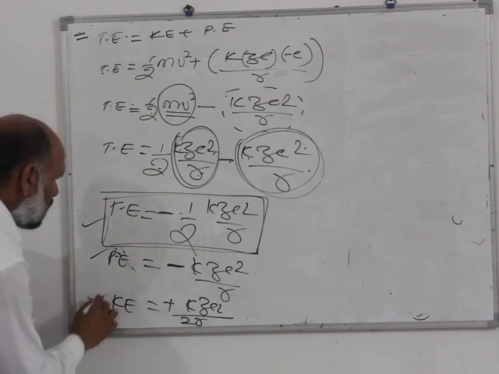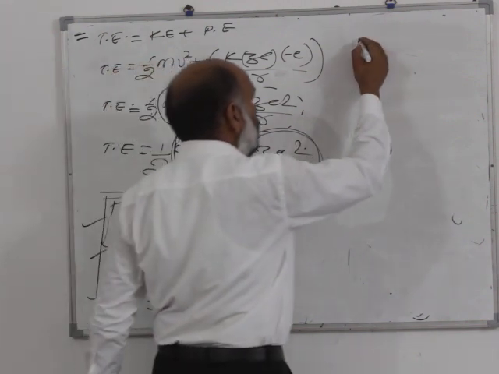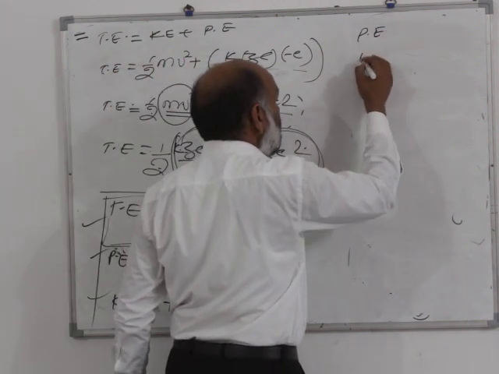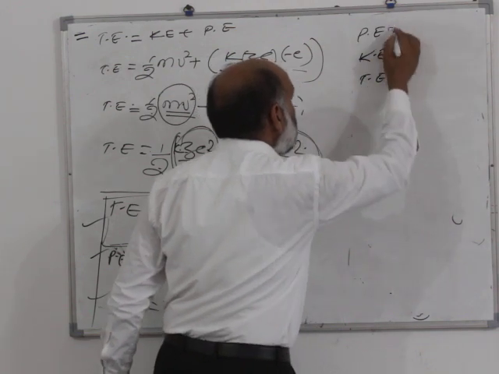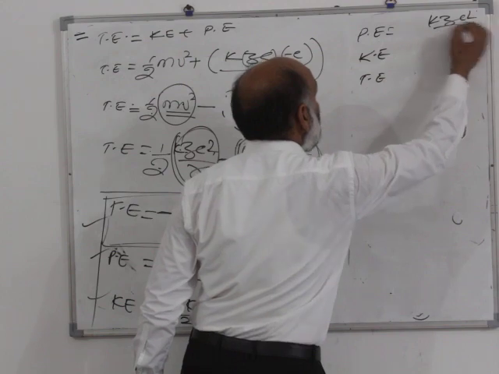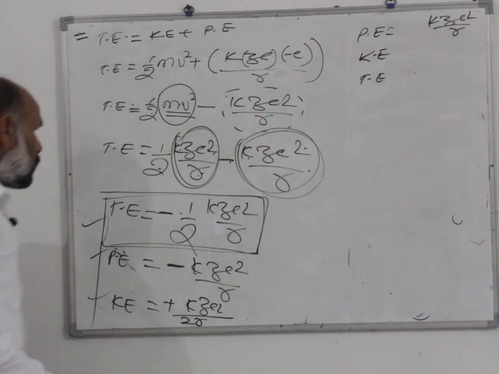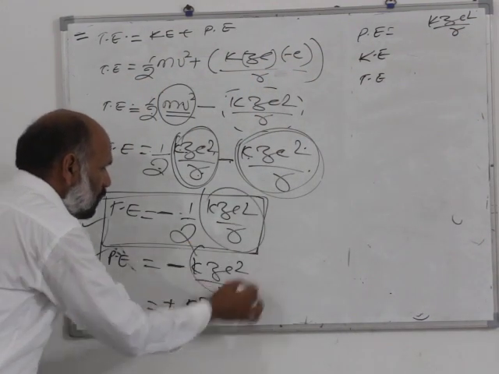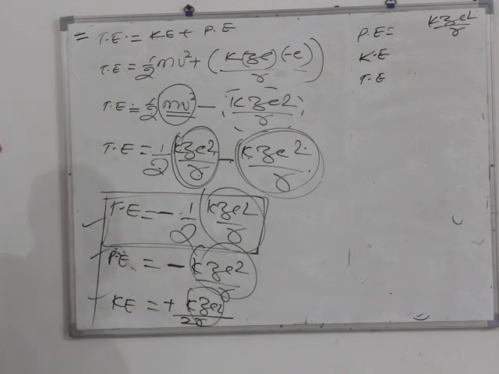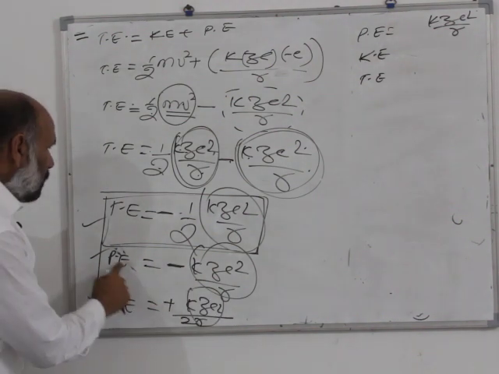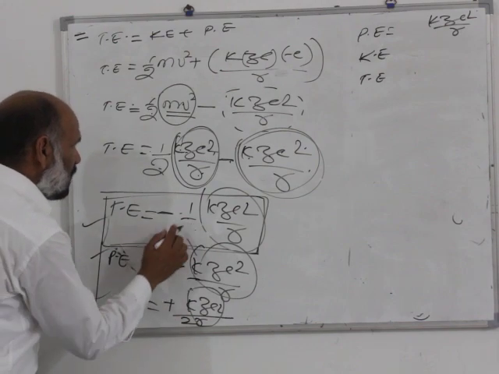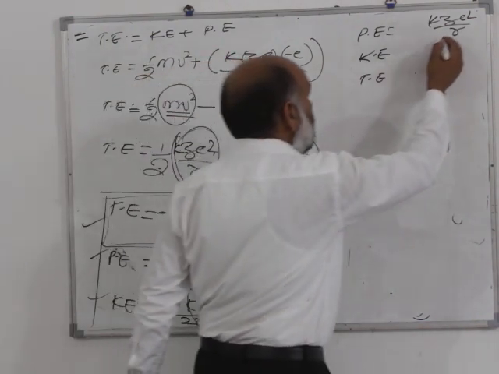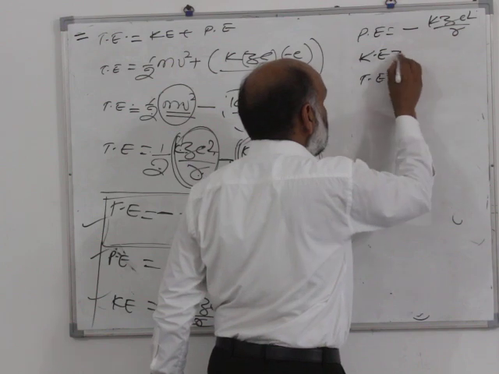Okay, so let us finish the expressions for this. Let us revise. Potential energy, kinetic energy and total energy. Every expression has k z square by r at least. But potential energy has no digit here like this 2. So k z square by r, minus.